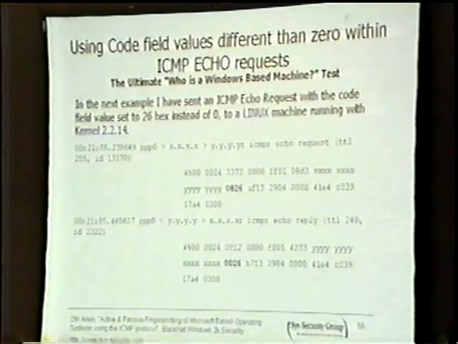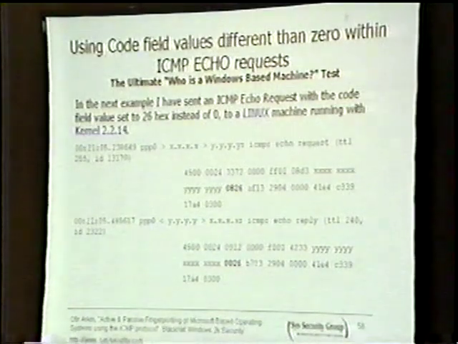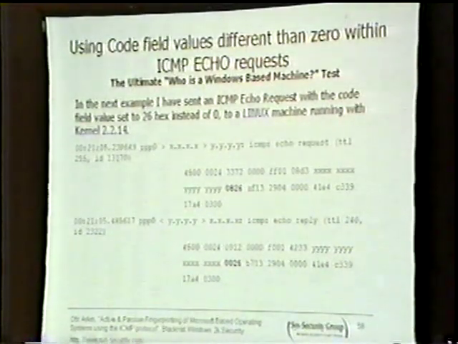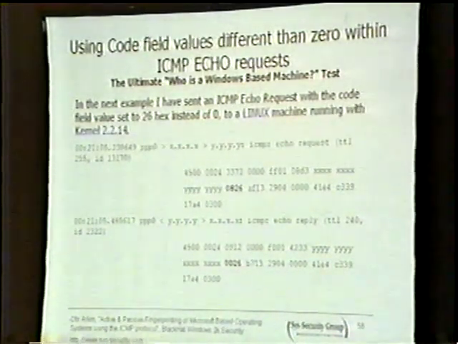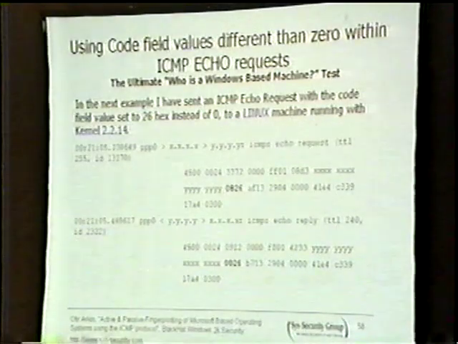The RFC states that when you send an ICMP echo request, all you need to do when you get the request to your box is to change the type of message to ICMP echo reply. This means to change the type of message from 08 to 00, recalculate the checksums, and send the reply back. Now, I wanted to be nasty.